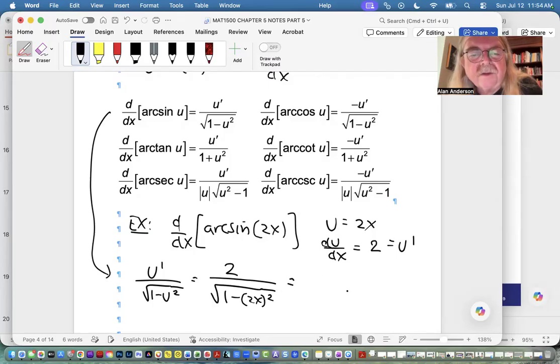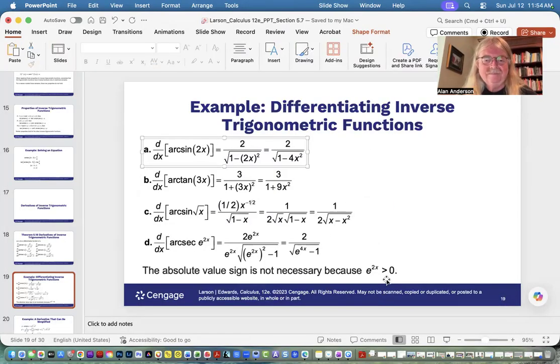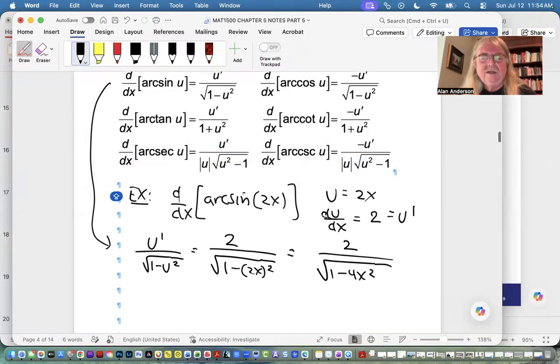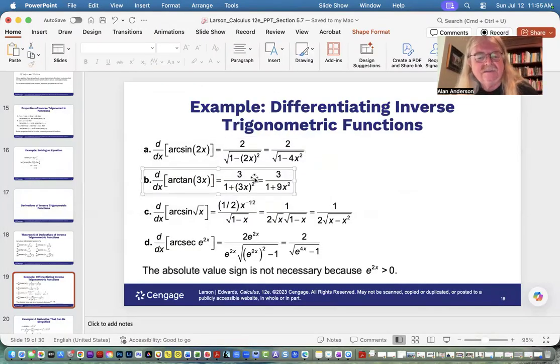All right. So after we make all the substitutions, we can rewrite this as, and that's it. We're done. All right. Well, that wasn't too bad. All right. Let's try this one.